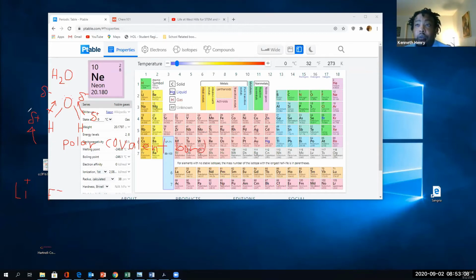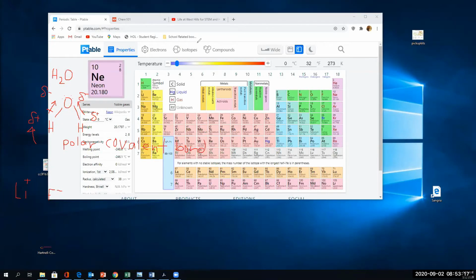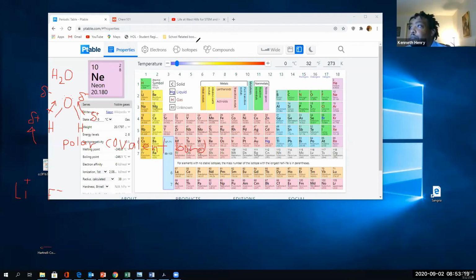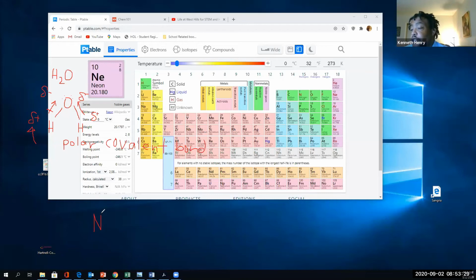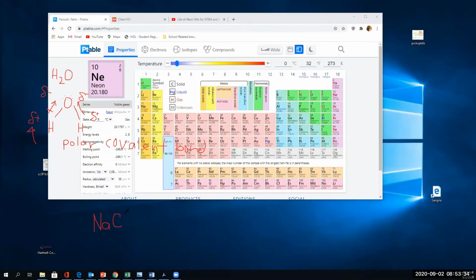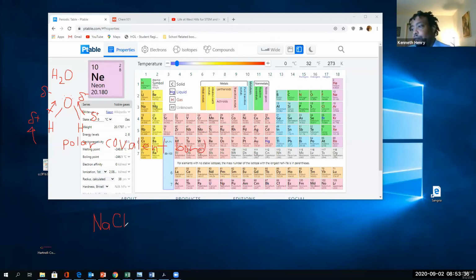So that means that water, have you put water and salt together? What is the chemical formula for salt? The chemical formula for salt is NaCl. NaCl, sodium chloride, is just an ionic bond.